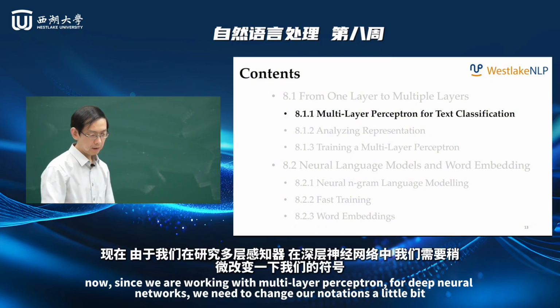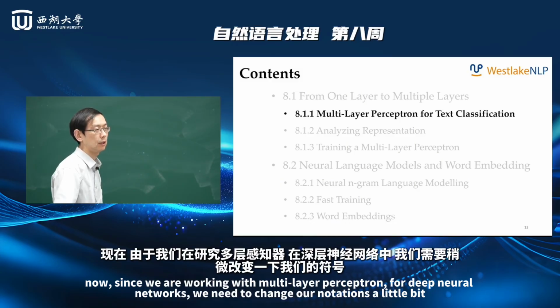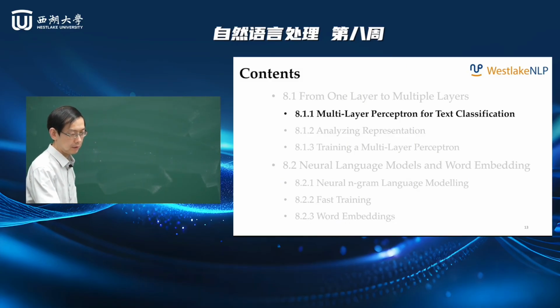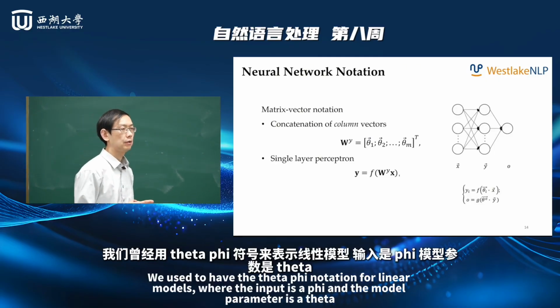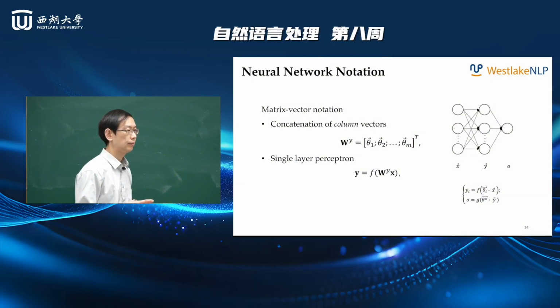Now, since we are working with multi-layer perceptrons or deep neural networks, we need to change our notations a little bit. We used to have the theta phi notation for linear models, where the input is phi and the model parameter is theta.